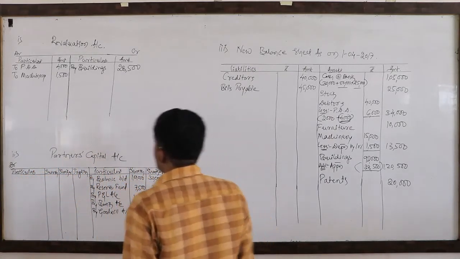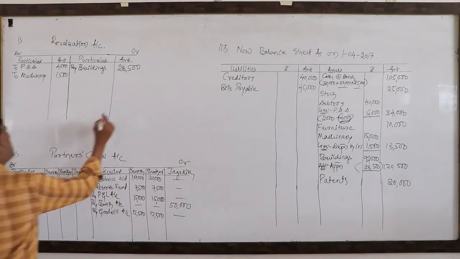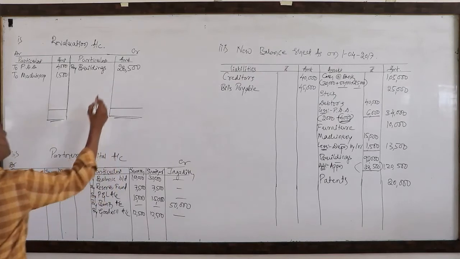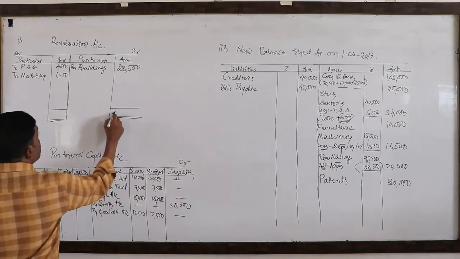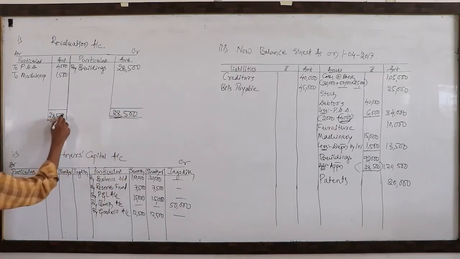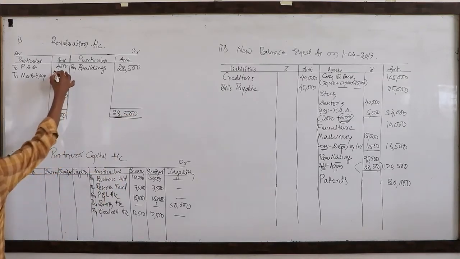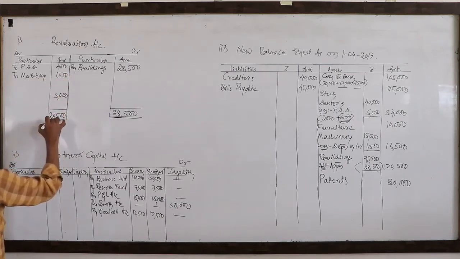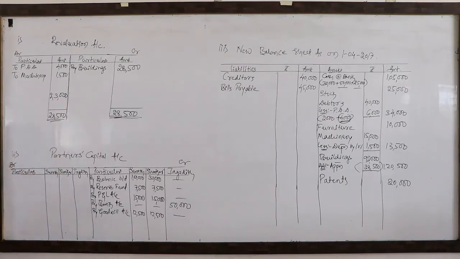So now I would like to close all the accounts. Look at the first account. It is more on the credit side by rupees 28,500. So 23,000 is the profit on revaluation of assets and liabilities to old partners.